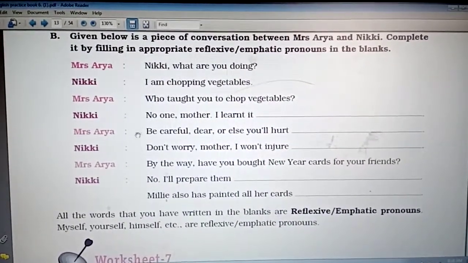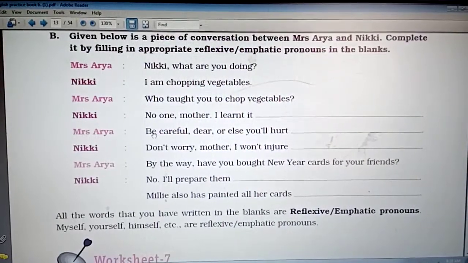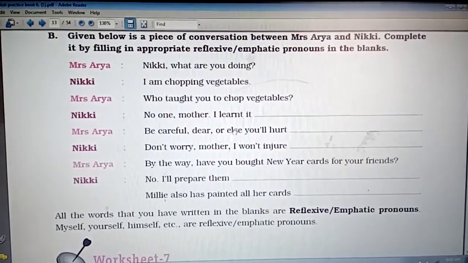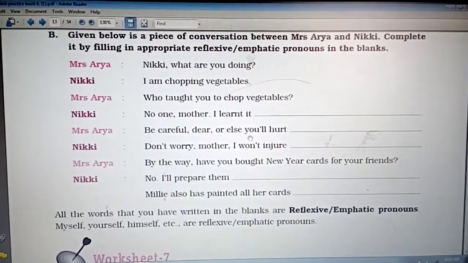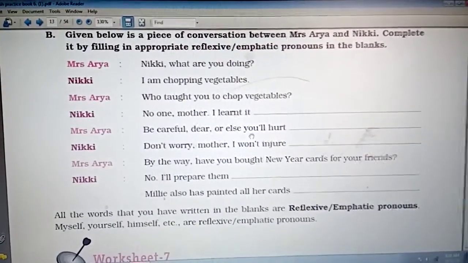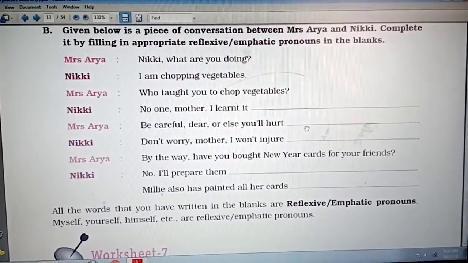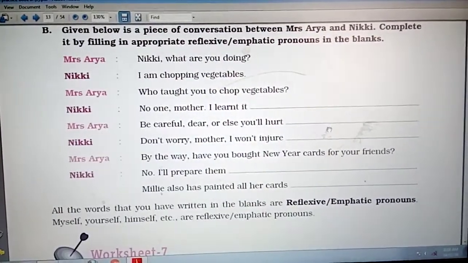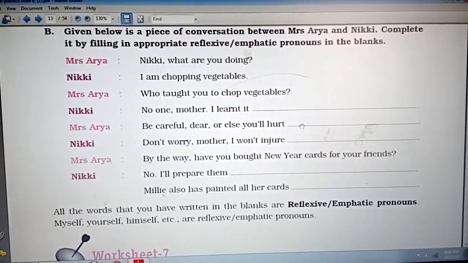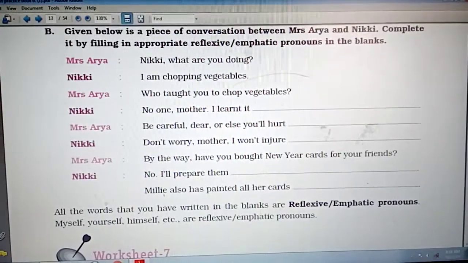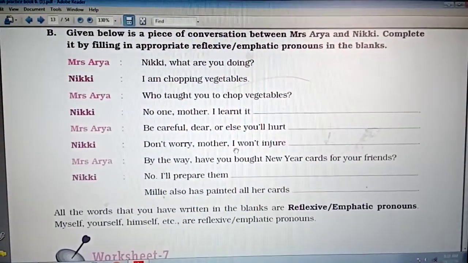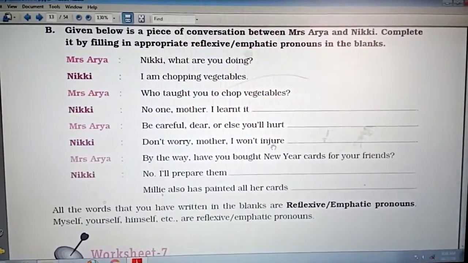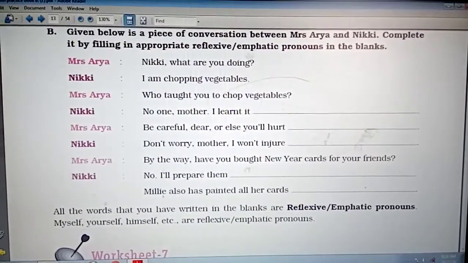What does Arya say? See, be careful, dear, or else you will hurt yourself. See, what is the subject here? You. What will be the suitable emphatic or reflexive pronoun? You, yourself. You will hurt yourself. I won't injure myself.